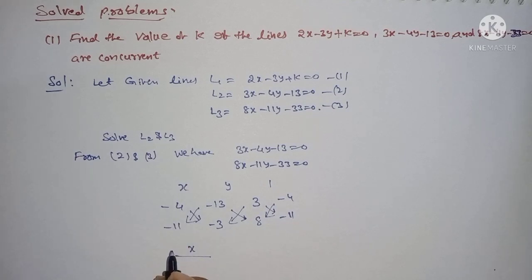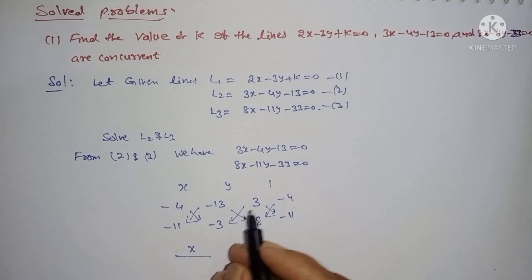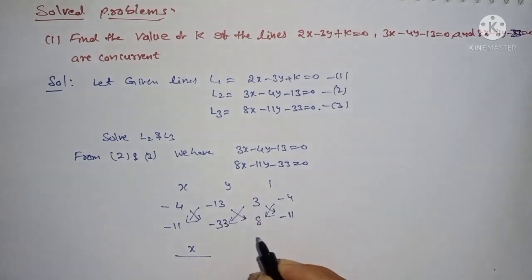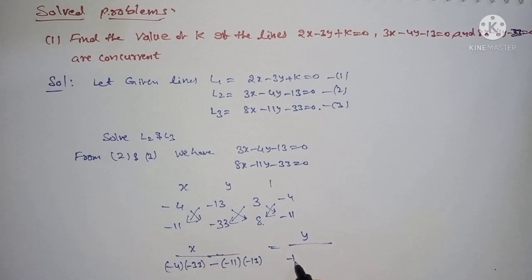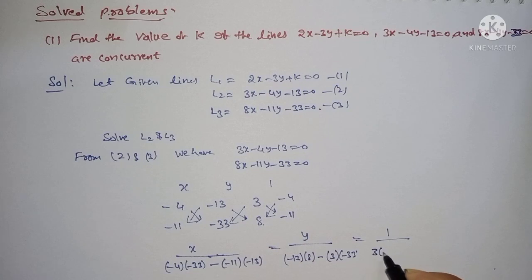You can write once again here: minus 4 into minus 33 minus minus 11 into minus 13, y by minus 13 into 8 minus 3 into minus 33, 1 by 3 into minus 11 minus minus 4 into 8.